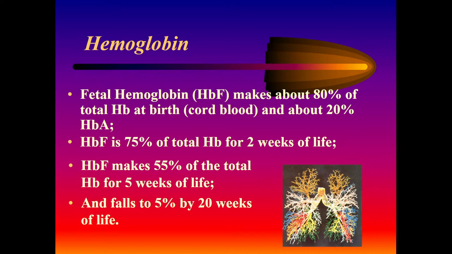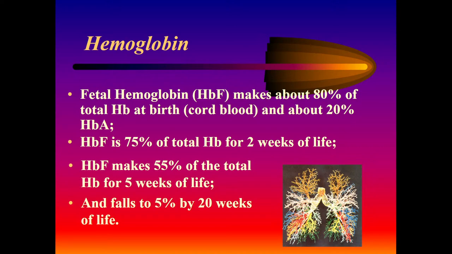Fetal hemoglobin F makes about 80% of total hemoglobin at birth, especially in cord blood, and about 20% is hemoglobin A, as in adults. Hemoglobin F is 75% of total hemoglobin for the first 2 weeks of life.